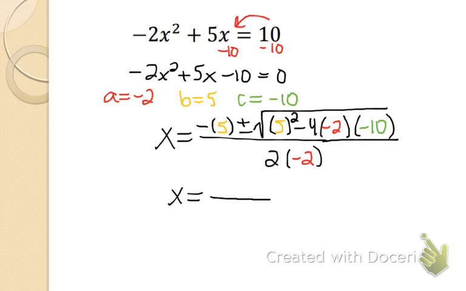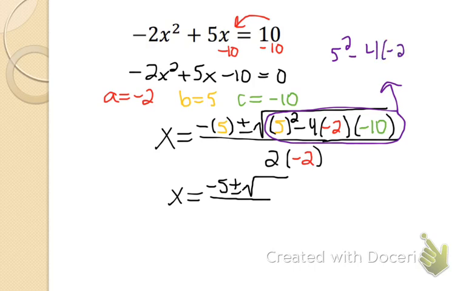We start off with negative or minus times 5 gives us negative 5, plus or minus the square root of, and one last time, if we focus on the discriminant, what is inside, we will find out exactly how many solutions we end up with for this particular problem.